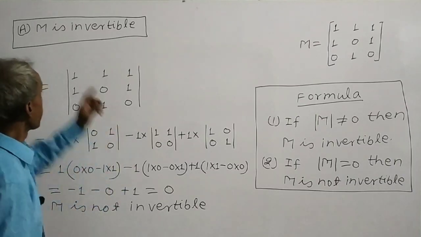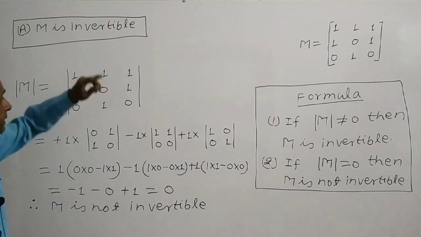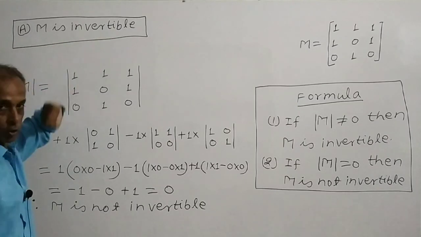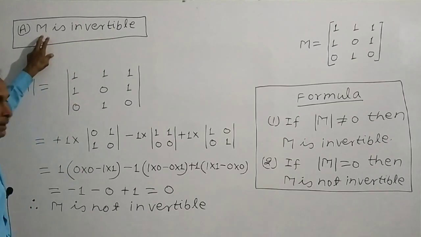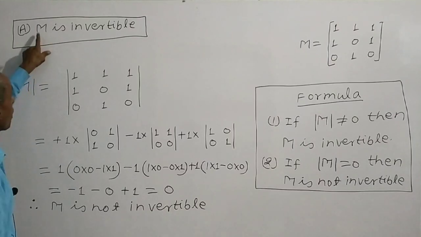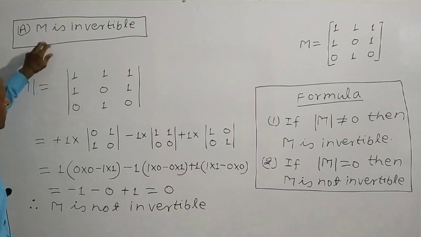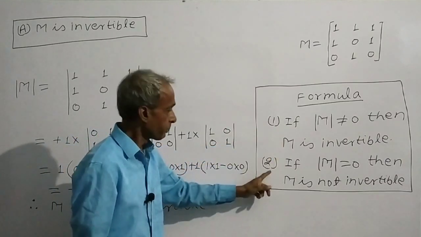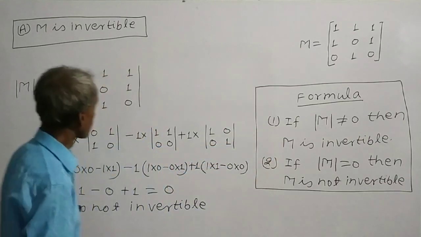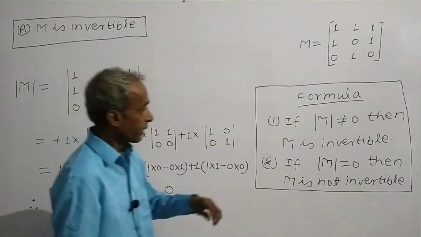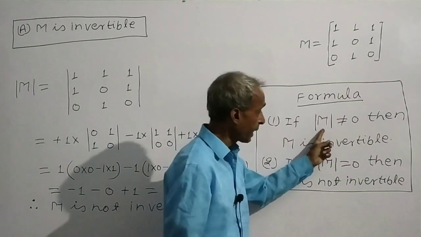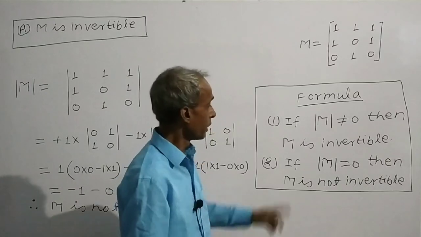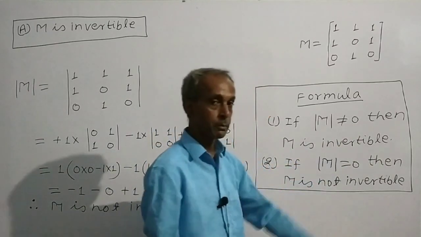In option A, a statement is given: M is invertible, meaning there exists an inverse of matrix M. We have these formulas. If the determinant of matrix M is not equal to 0, then M is invertible.